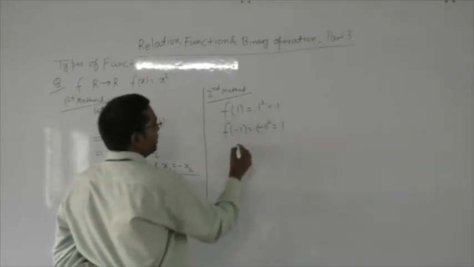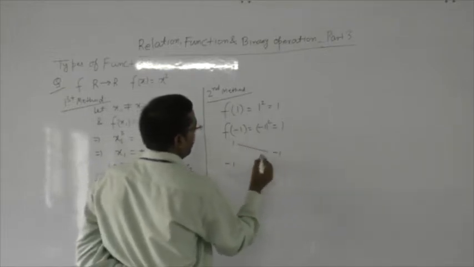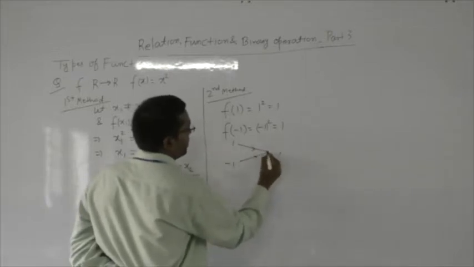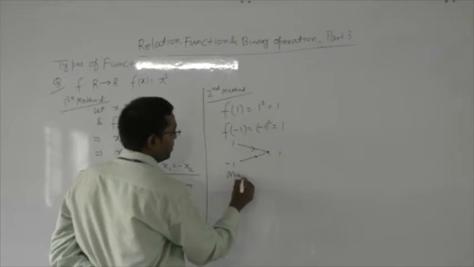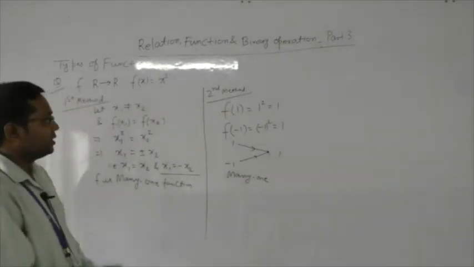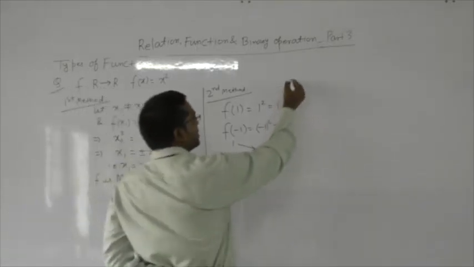So 1 and minus 1 have the same image, 1. So obviously it will be a many-one function. This is by observation, and the first was by theory. Let's see another method, that is the graph method.